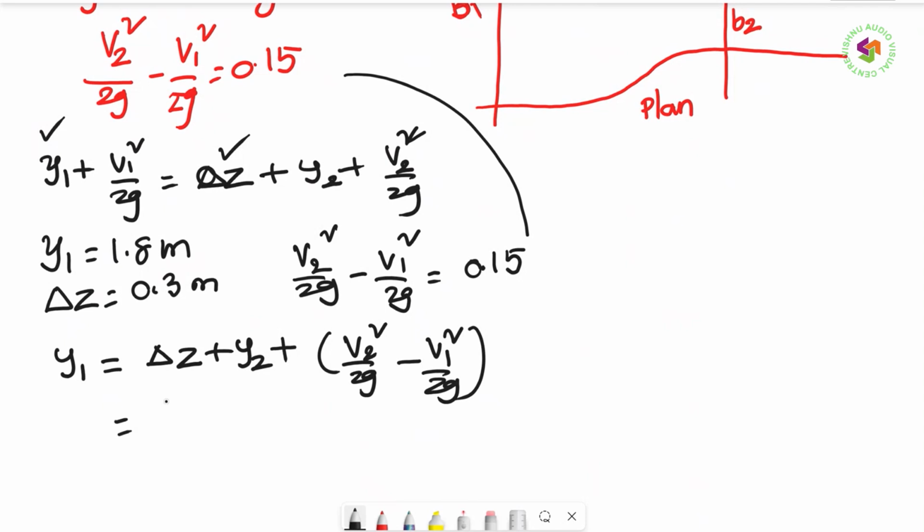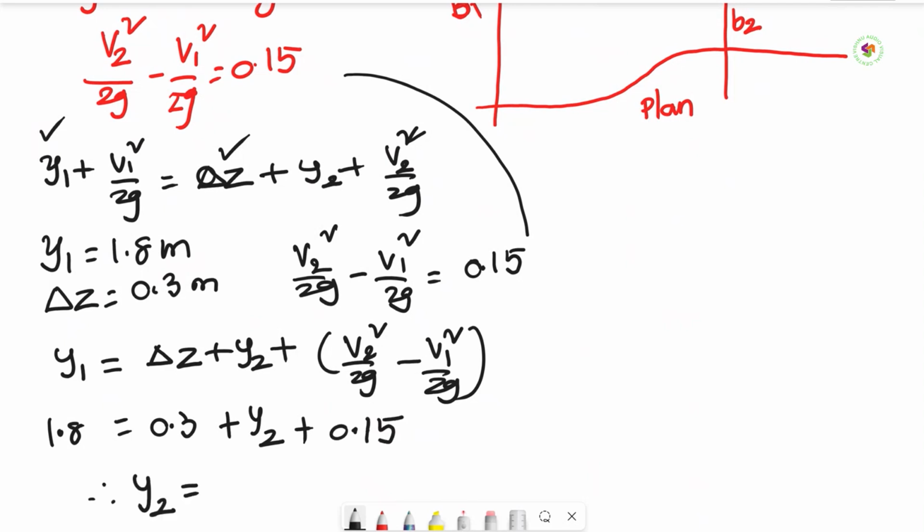Here y1 is 1.8, delta z is 0.3, plus y2, which is unknown, plus this difference, which is 0.15. Therefore y2 is equal to 1.35 meters. This is the solution.